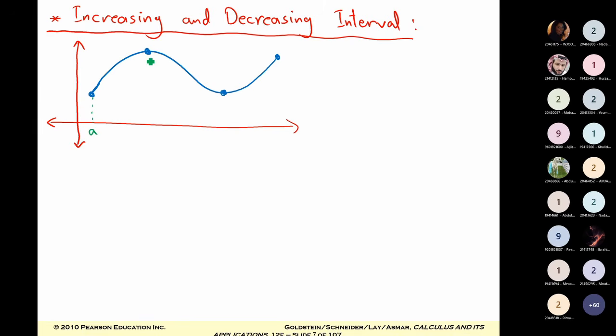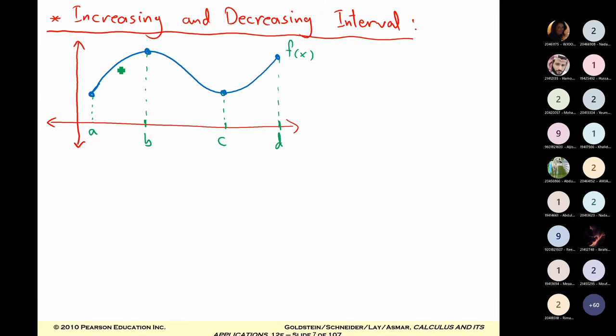We have A, B, and C, and D. This is f of x. From A to B, we can conclude this is increasing. In interval A to B, the function is increasing.